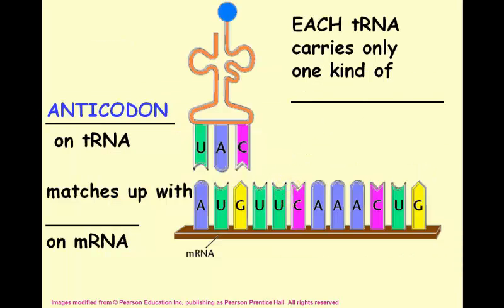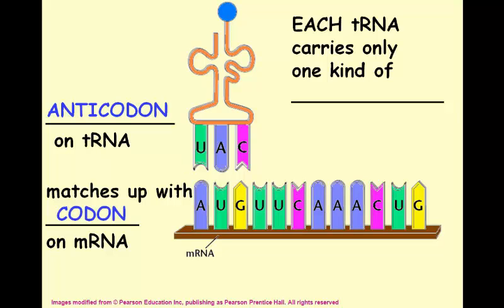So looking now at our tRNA, if you remember from the beginning of this video, we talked about the different types. Here's our tRNA, and tRNAs have anticodons. So remember, an mRNA has a codon, so you see your A, U, and G. tRNA will have your anticodon, the U, A, C. So U will always match up with A, A will always match up with U, and G will always match up with the C, because remember, we're dealing with RNA and not DNA.